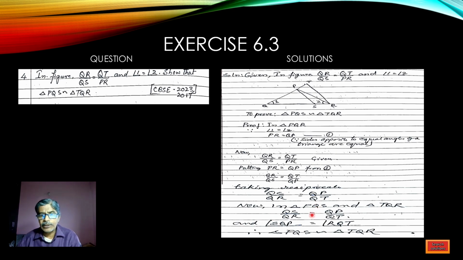Now, in triangle PQS and triangle TQR, QS by QR is equal to QP by QT, and angle SQP is equal to angle RQT. Therefore, triangle PQS is similar to triangle TQR.